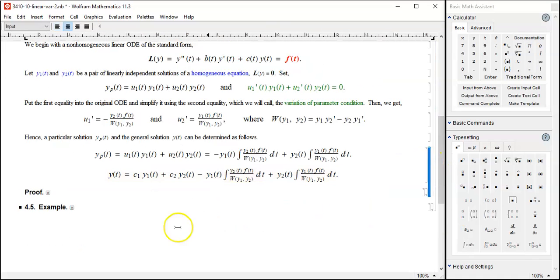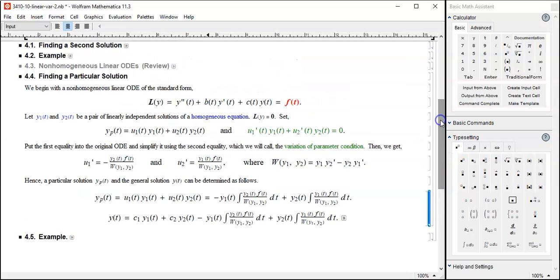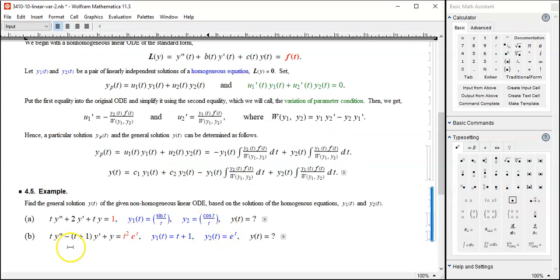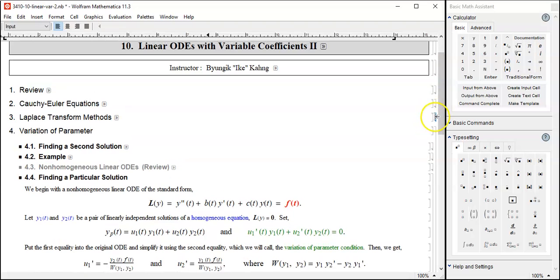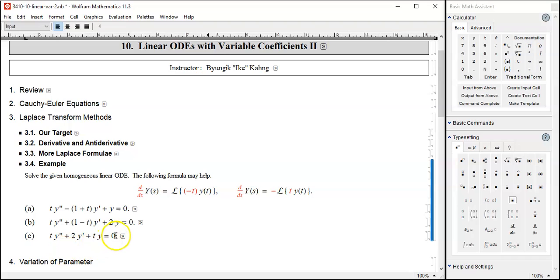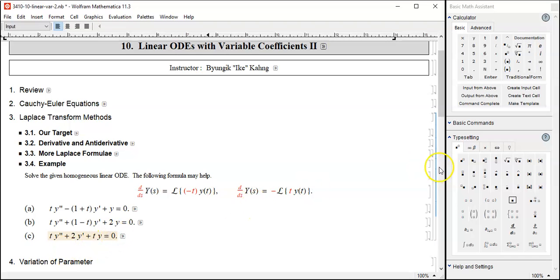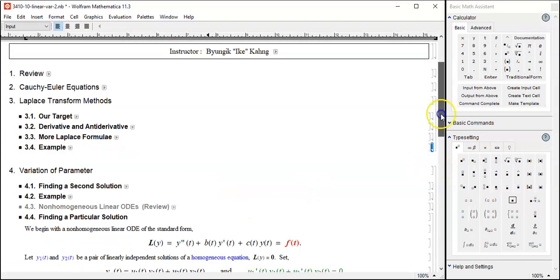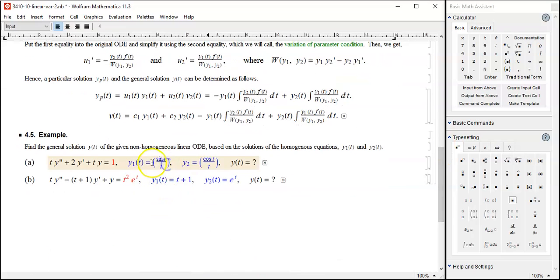Now, before going over to the proof, let's do at least one example problem and then come back to the proof. How about this problem here? Does everybody recall this? We encountered it in the Laplace transform method, and using the Laplace transform method, you're going to get one solution, sine of t over t, but not the other solution.